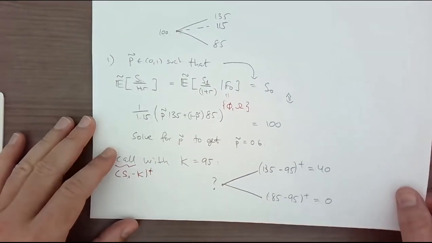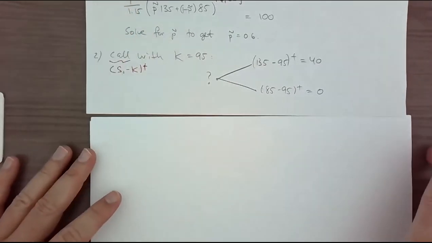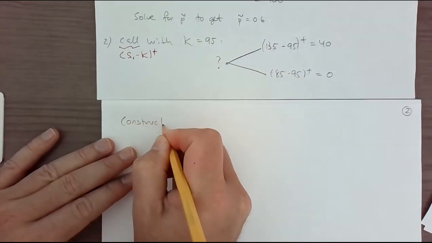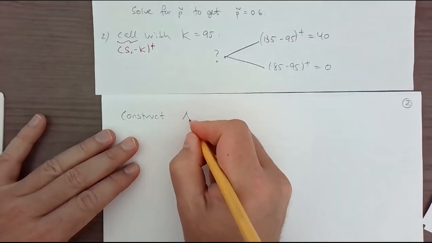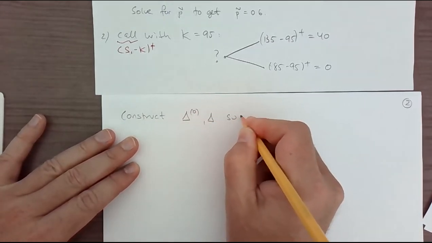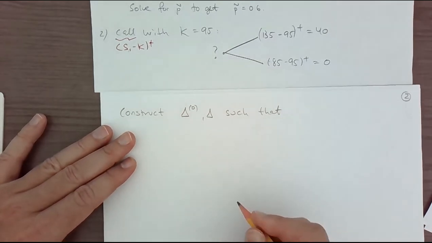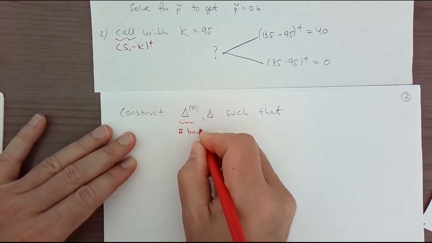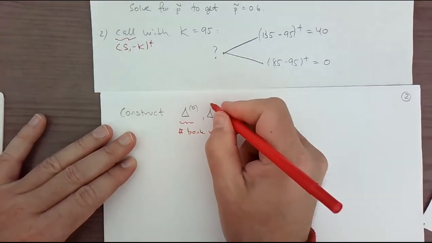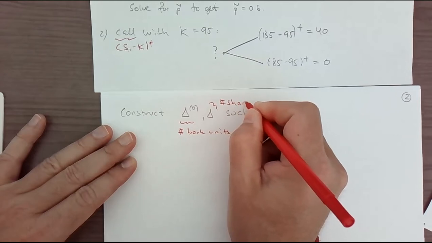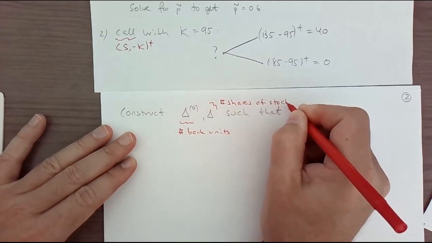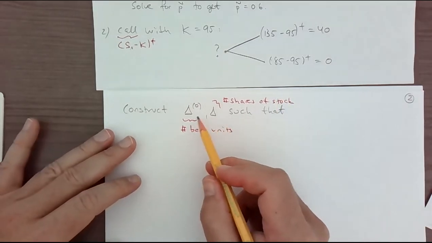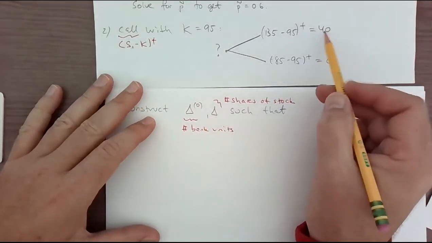What we should do is set up the replicating portfolio. We need to construct delta naught and delta such that the first part here is the number of bank units, and this one here is the number of shares of stock, such that when we hold these two positions and add them up, we get exactly 40 and 0.